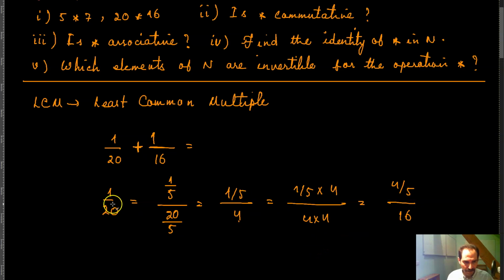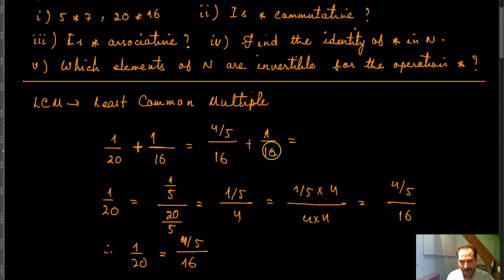So now I know that 1/20 is the same thing as 4/5 over 16, and I can write this as 4/5 over 16 plus 1/16.